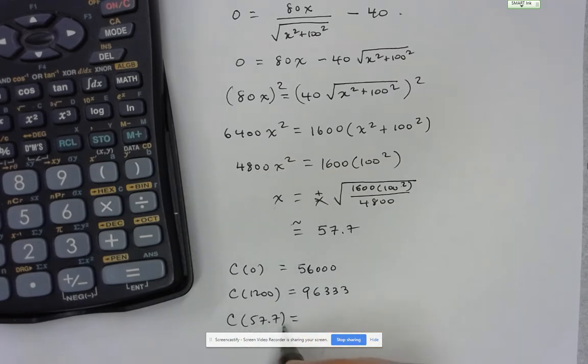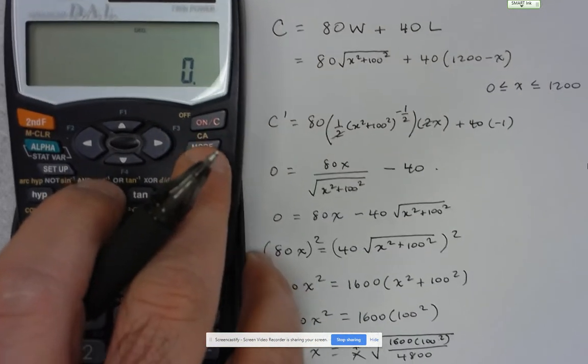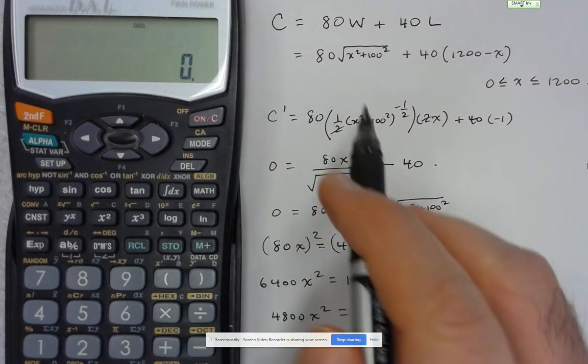And so the last one here is 57.7, and this one I will have to do all the parts of it. So here, let's try to do this really carefully.